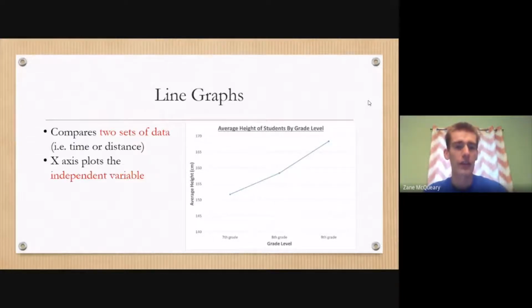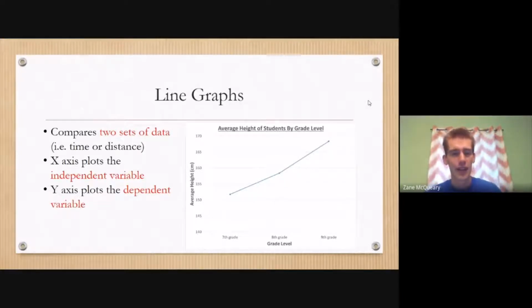You can compare two sets of data. Sometimes it can be time, distance, height, and age, like in this case, but two sets of data. On the x-axis, you have the independent variable, and on the y-axis, you have the dependent variable. The independent variable is the thing that determines the dependent variable.